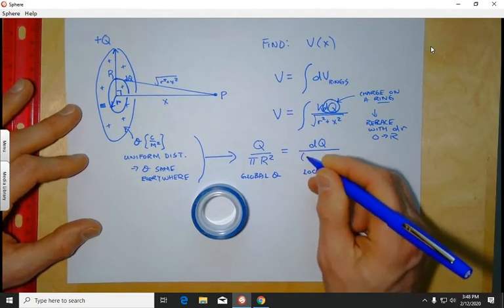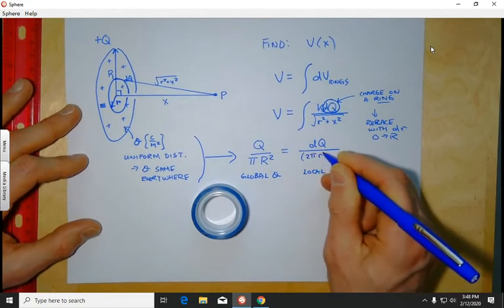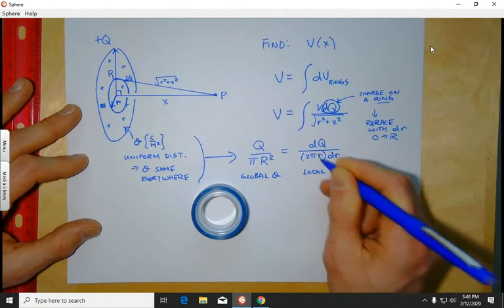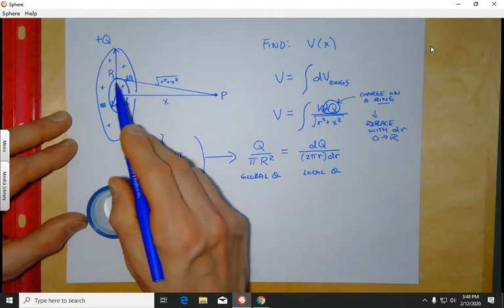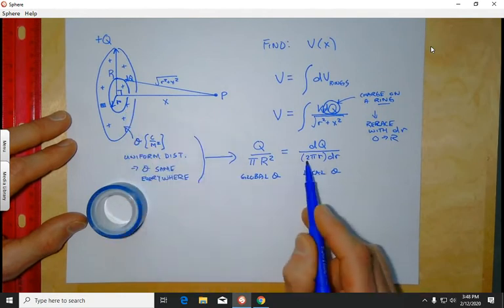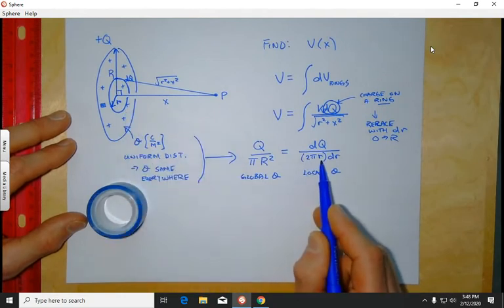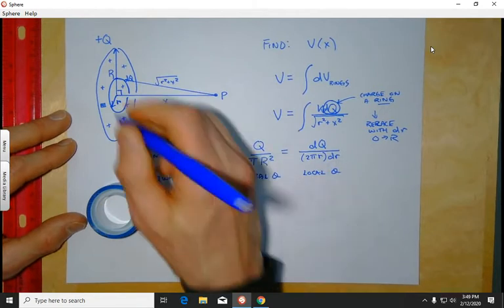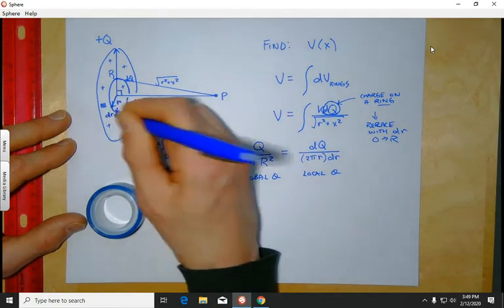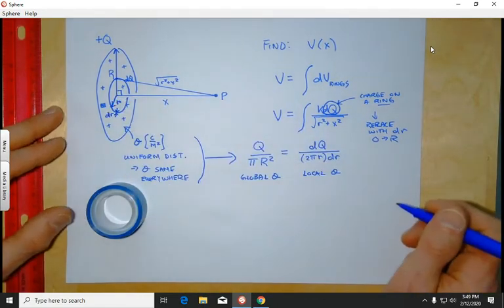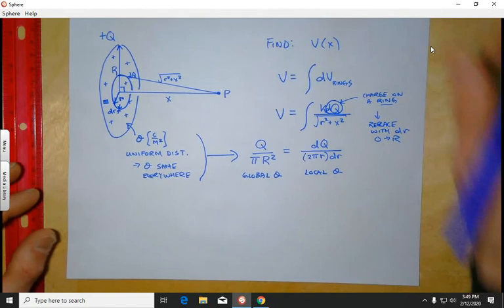So the trick would be to do this. I'm going to open up this little ring, stretch it out into a line. It's equal to the circumference, and I multiply by the thickness. I know it's super thin in that picture, but it's the thickness of the line.